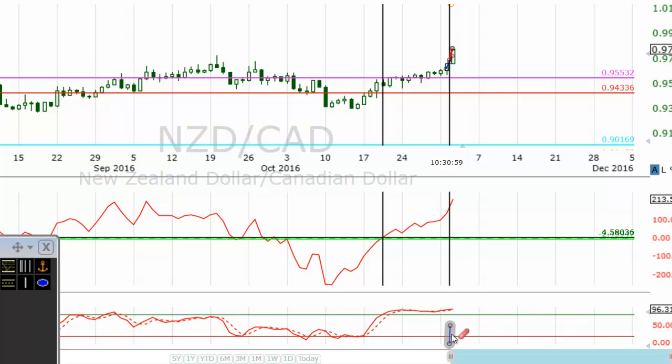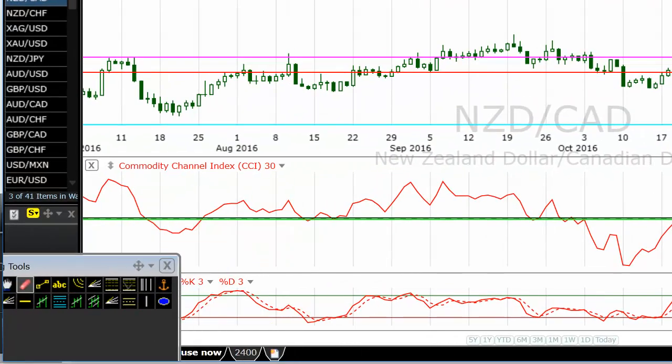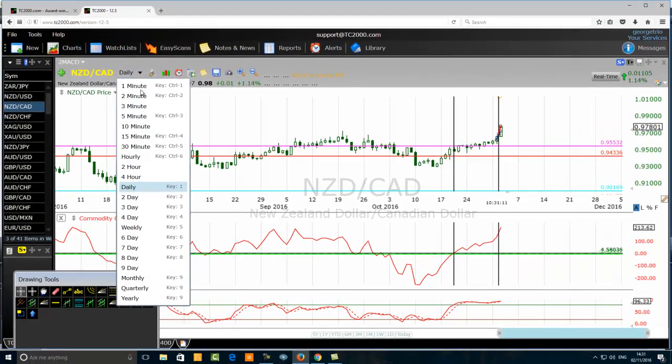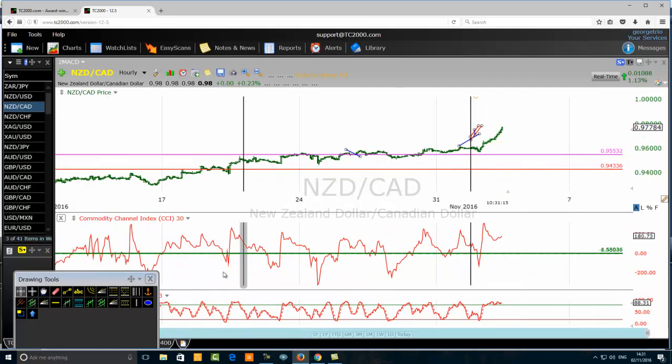What you need to do is drop down to a lower time frame, all right? So here it is. Let's go, for instance, to the hourly time frame. We should be able to see it. So where are the vertical lines?